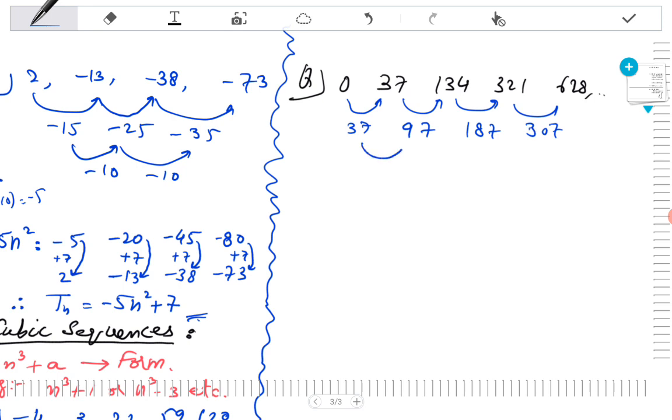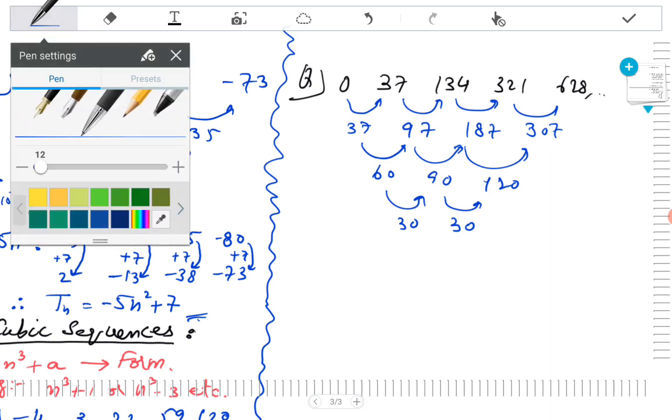Not constant, so try the next difference: 60, 90, and 120. Try another time: 30 and 30. Yes. So we have the third order difference constant now.